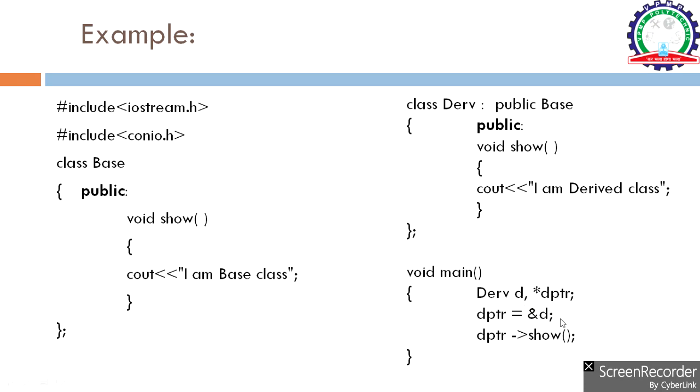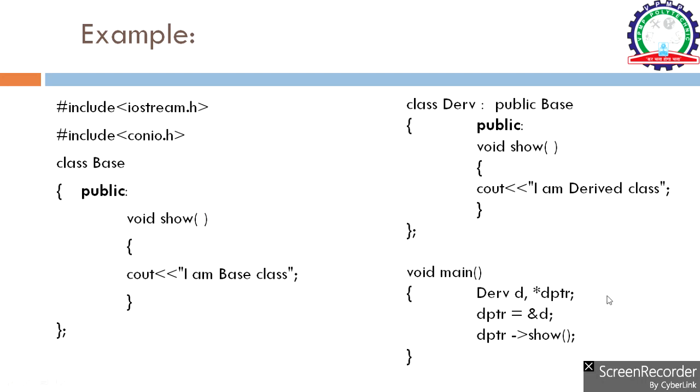That simply means that the object of the derived class is being pointed to by the object pointer of the same class. So whenever we use the pointer dptr to access the member function show, it will access its own class member function, that is void show inside the derived class, not the void show version that is derived from the base class.